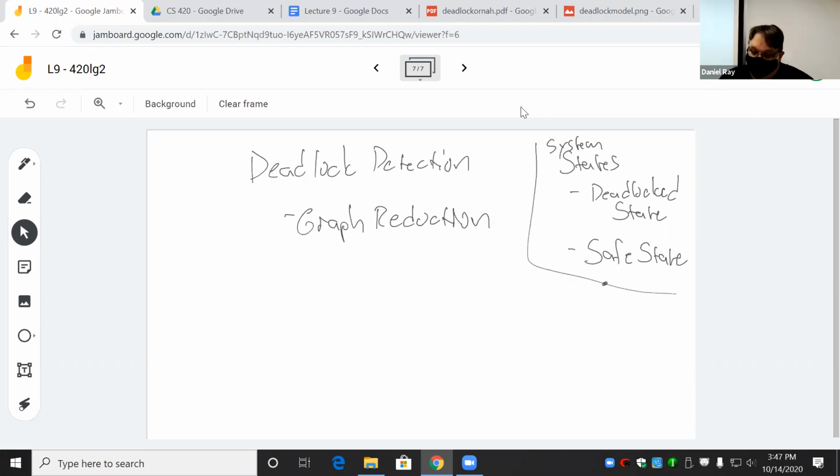Graph reduction is removing processes that are not blocked. So it's a two-step process. Select an unblocked process.